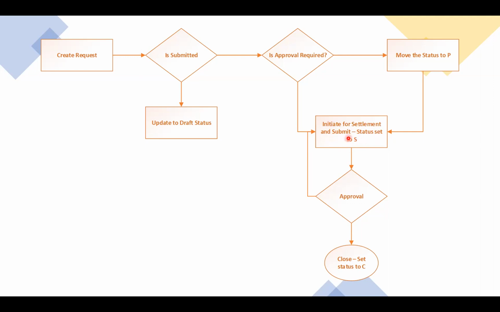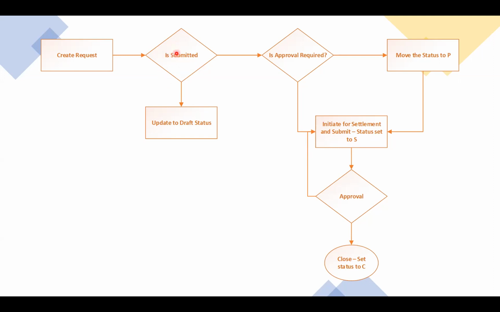Once it is set to yes, settlement approval comes into play. The approver will be able to see the settlement request here, and if he approves, the request is set to closed. If the settlement approver rejects it for some reason, it goes back to the initiator to initiate settlement again.